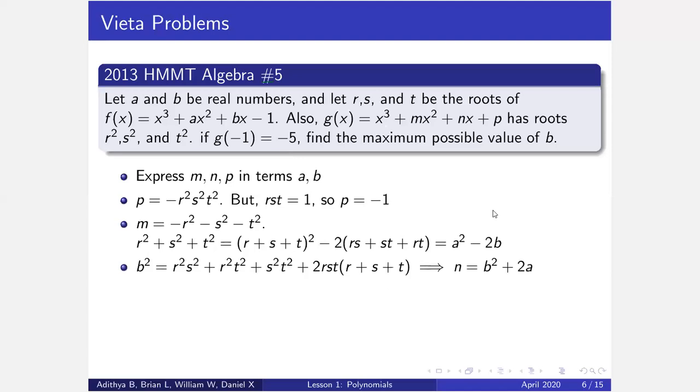So now we have expressions for M, N, and P in terms of A and B. So I guess now we can just find G of -1 directly in terms of A and B. So we know that G of -1 is equal to -1 plus A minus, -1 plus M minus N minus 1, which is equal to -2 plus 2B minus A squared minus B squared minus 2A, which is equal to -5.